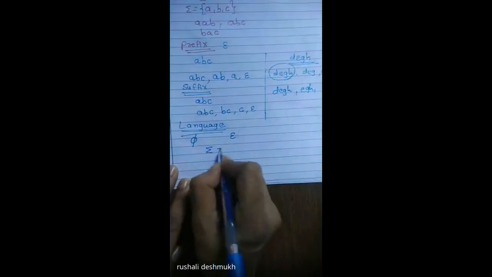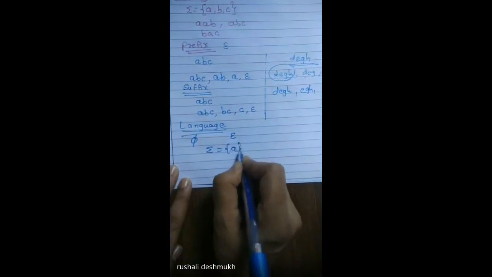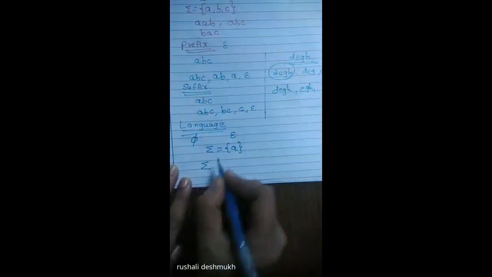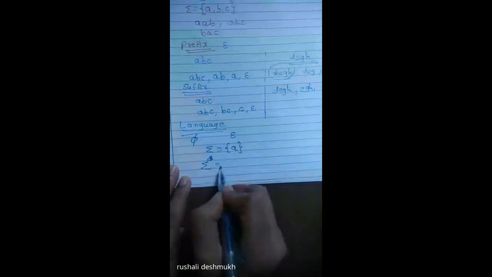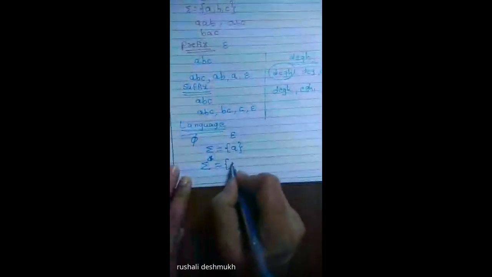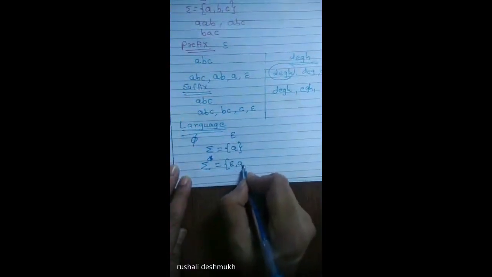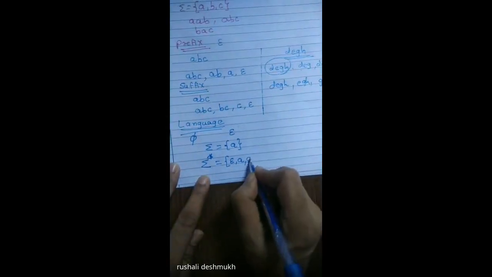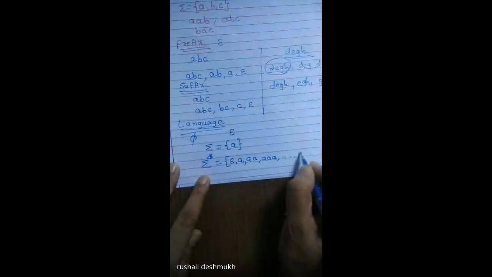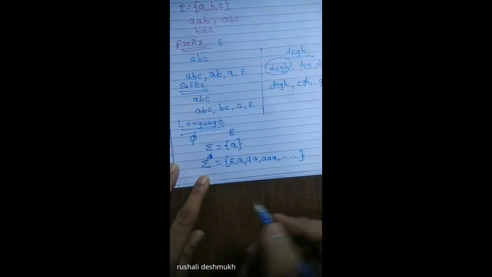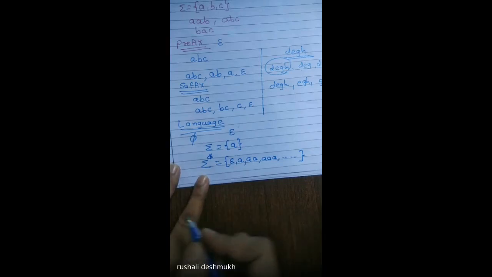If my input alphabet is A, the language notation is sigma closure. The language defined over this input alphabet will contain epsilon, then all the strings of length 1, then strings of length 2, then strings of length 3. Like this way, this is the language. So all of you note down what is a language. Language is defined as a set of strings comprising symbols from one alphabet.